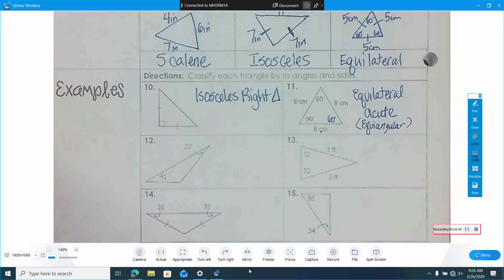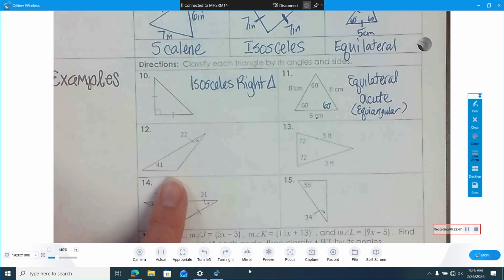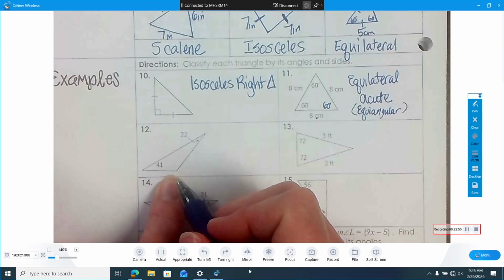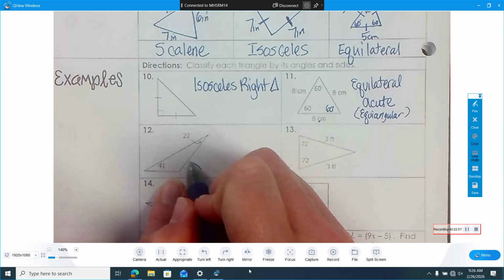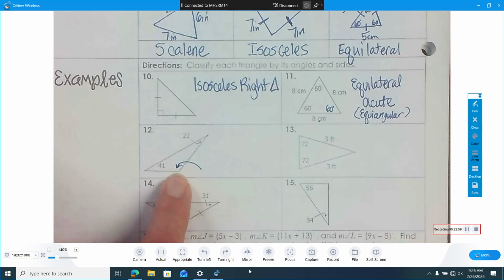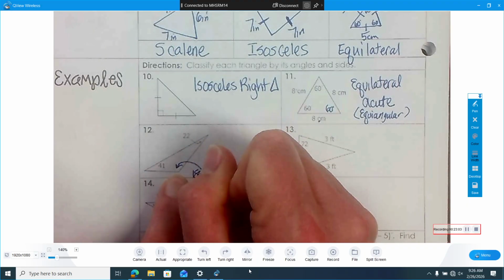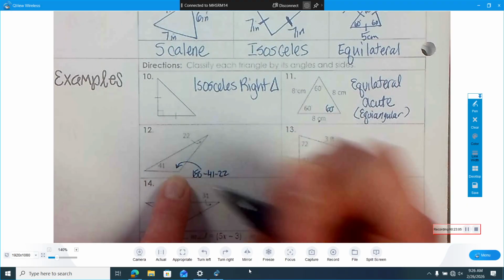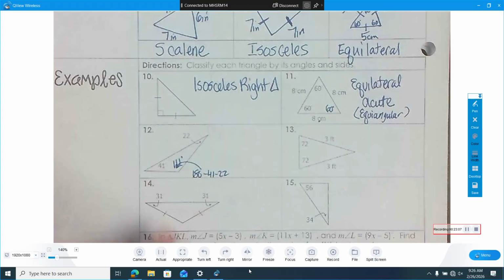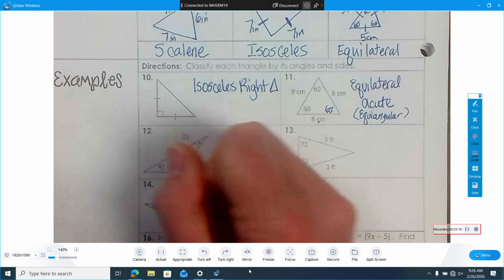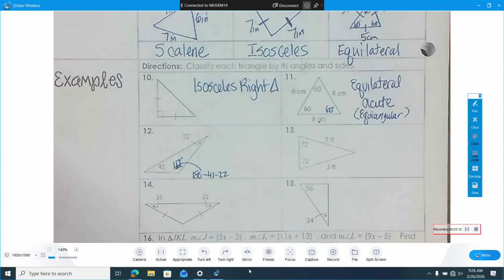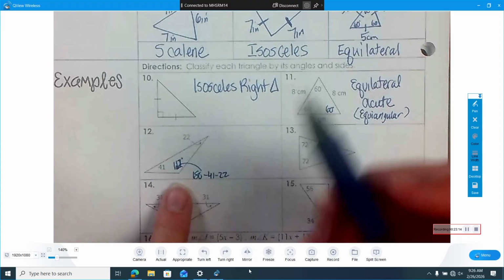Let's look at number 12. Scalene. How did you get obtuse? So you found the missing angle? How do we figure out the measure of that angle? Subtract from 180. So 180 minus 41 minus 22, and we get 117.